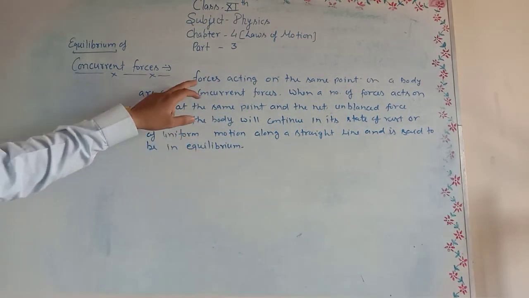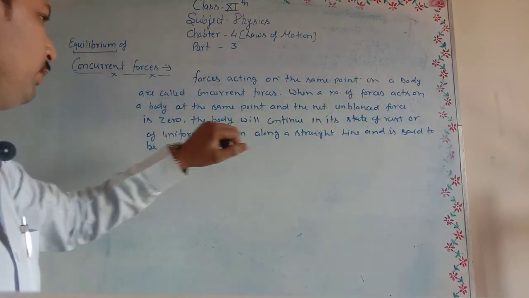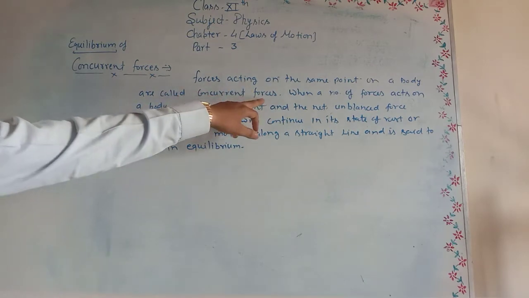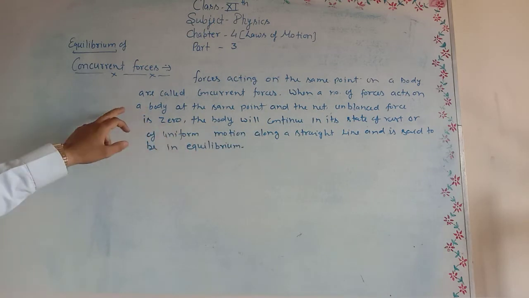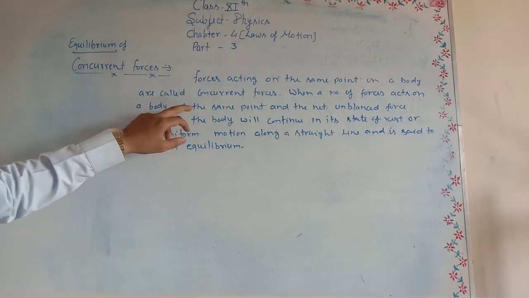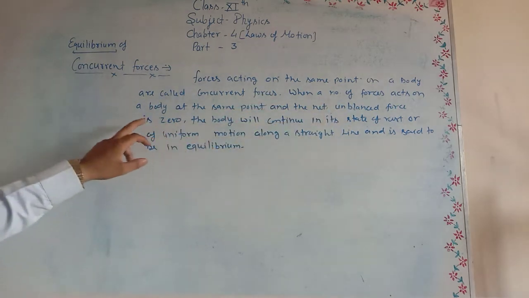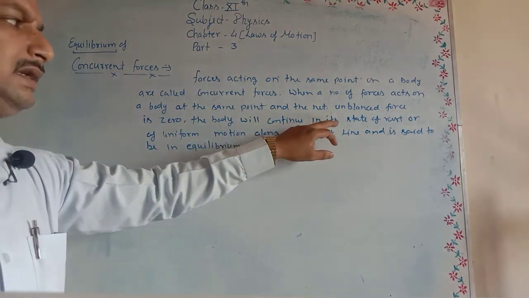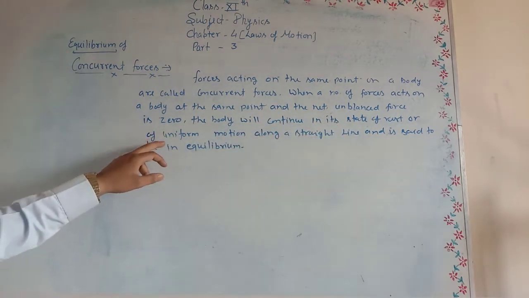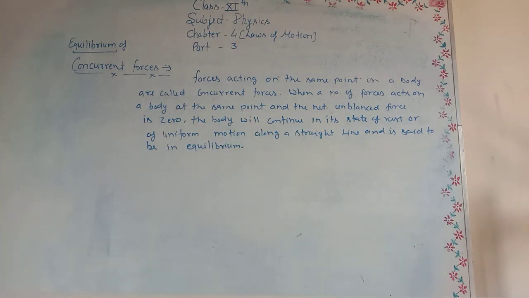Okay students, the forces acting on the same point on a body are called concurrent forces. When a number of forces act on a body at the same point and the net unbalanced force is 0, the body will continue in its state of rest or of uniform motion along a straight line and is said to be in equilibrium.